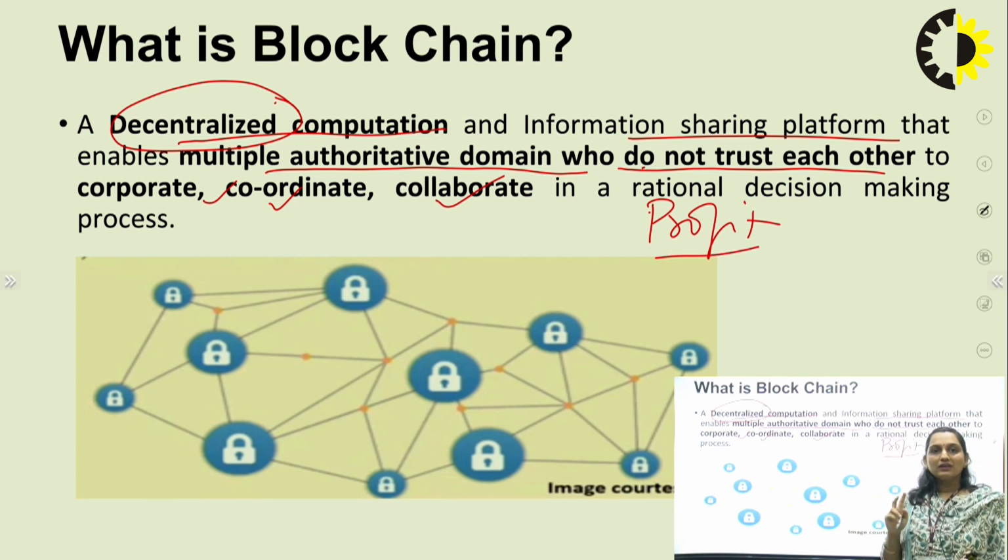So we will see two things here: decentralized information sharing, which has to be authenticated when multiple persons are involved and they don't trust each other. The person giving information is not trusted by us, or my information is not trusted. In that scenario, how can we create trust to make a profit?